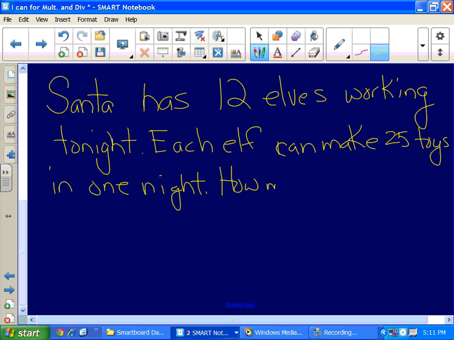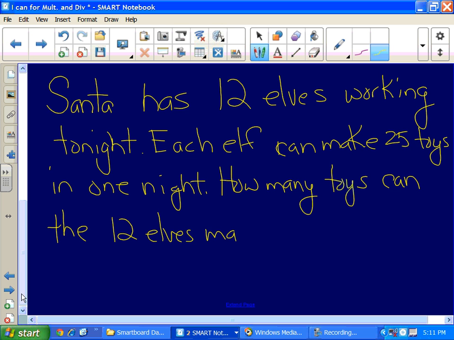How many toys can the 12 elves make in one night? So again, pause it to see what you decide. Should you multiply or divide, and why?